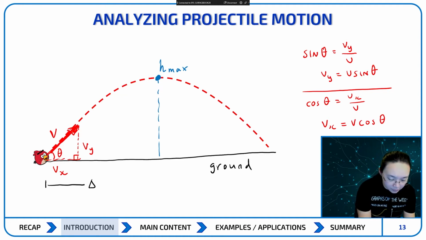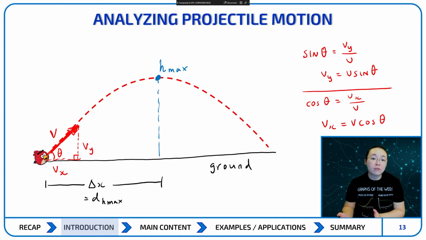We can call this delta x, or d, dh, so the distance traveled to get to h max.